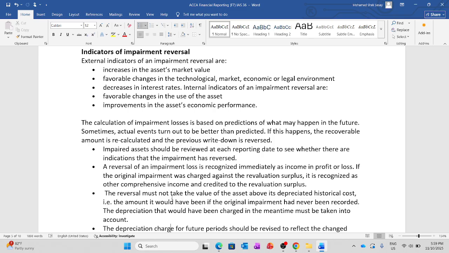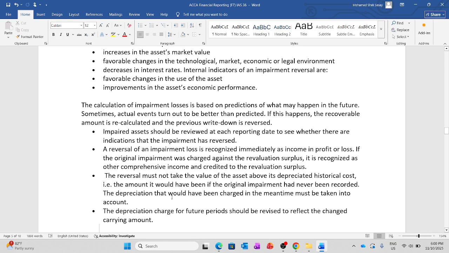Simple and clear. Impaired assets should be reviewed. Any asset that has been impaired should be reviewed each year, at each reporting date, to see whether there are indications that the impairment has reversed.